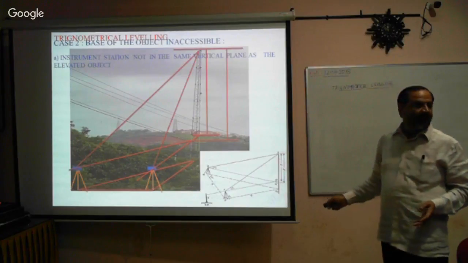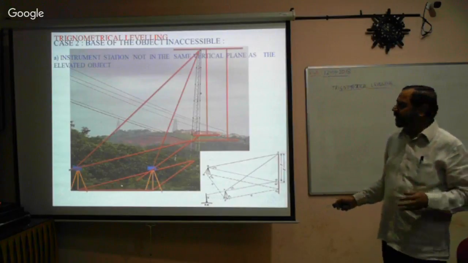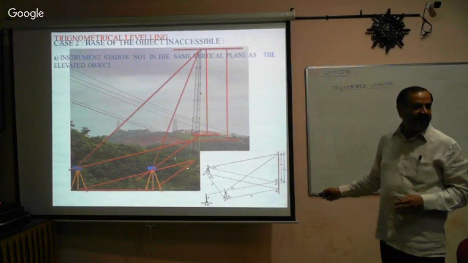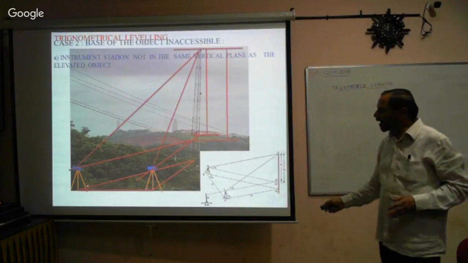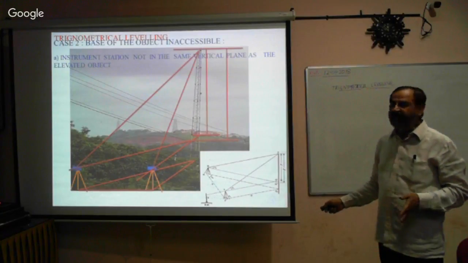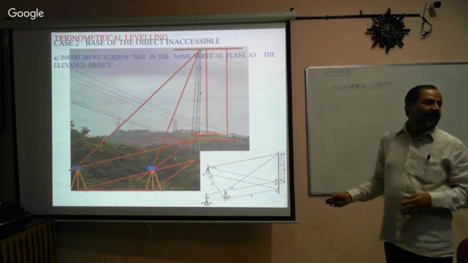By applying the same rule, we can calculate the distance from the first instrument station to the object, and also the distance from the second instrument station to the object.